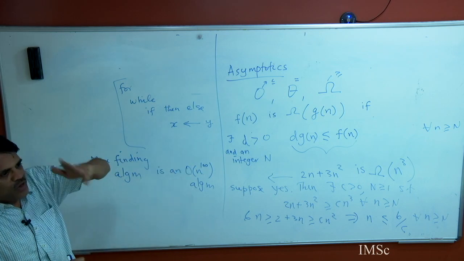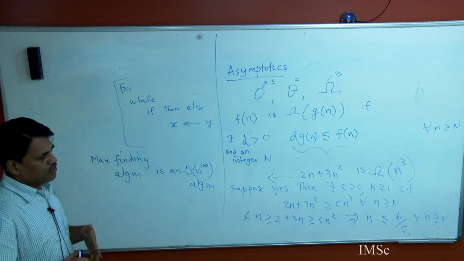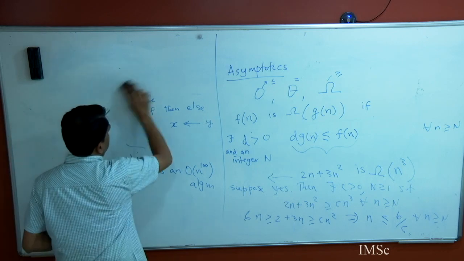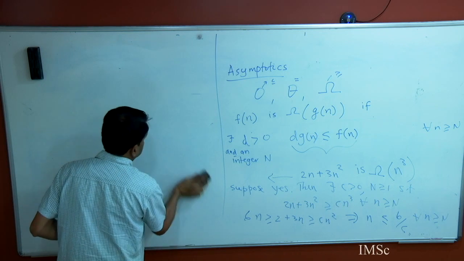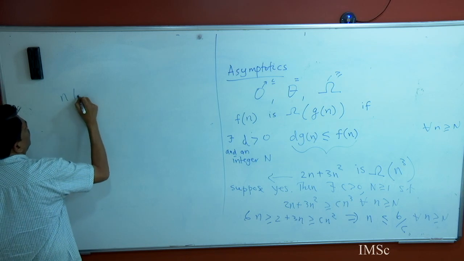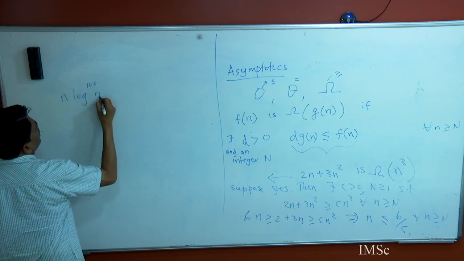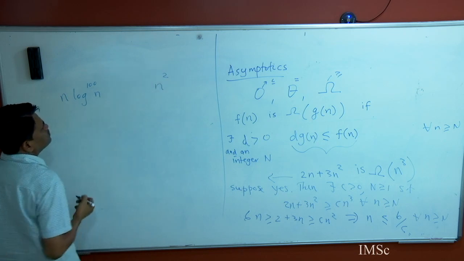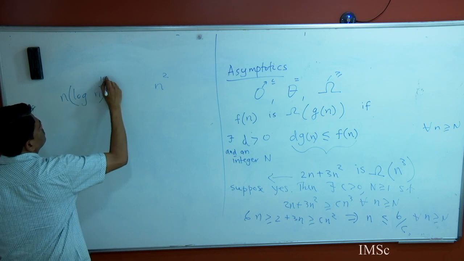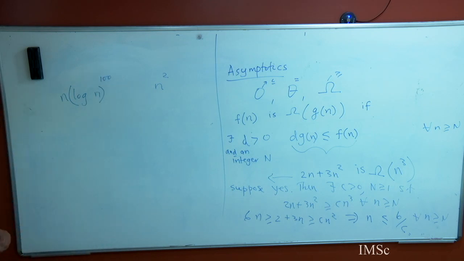If it's n square, n cubed, n power 4, you have an idea, but what about, let's say, n log n power 100 and n square, which is big O of what?